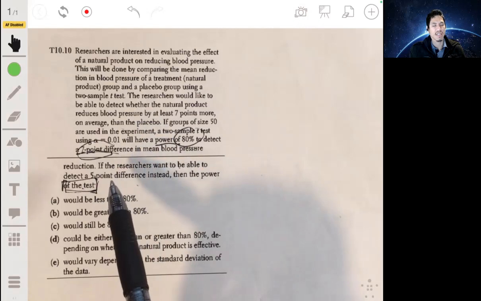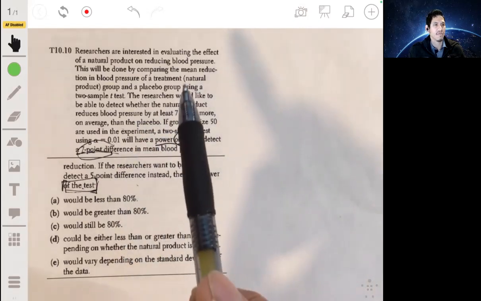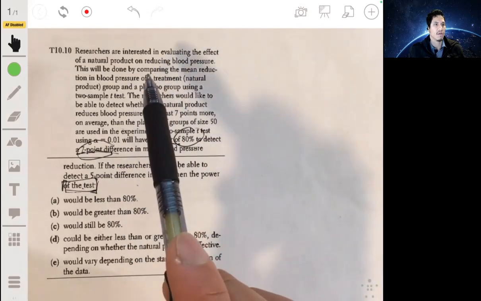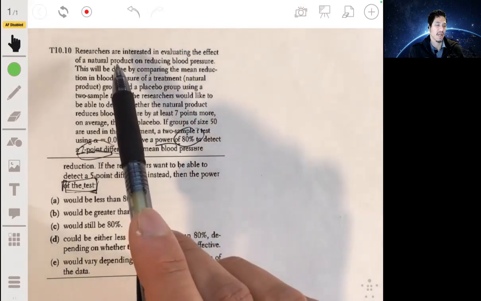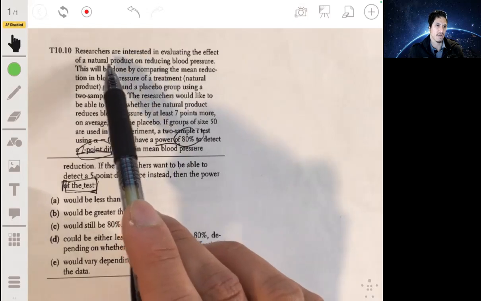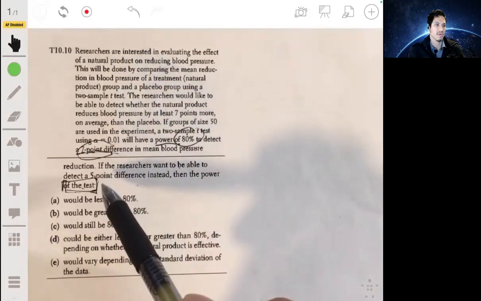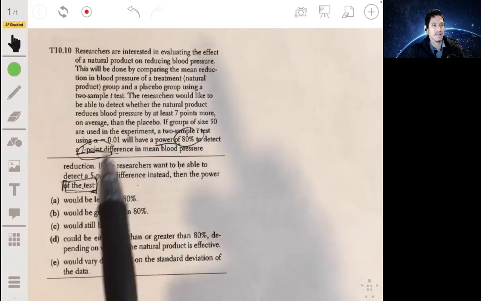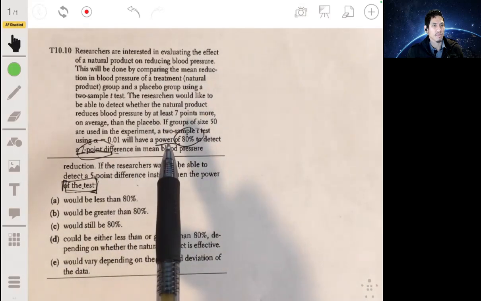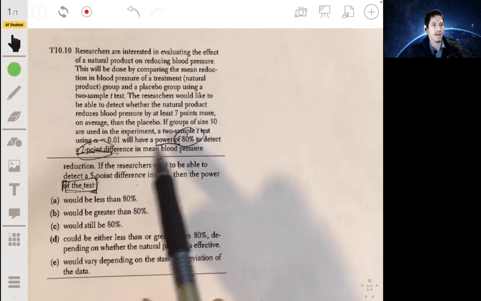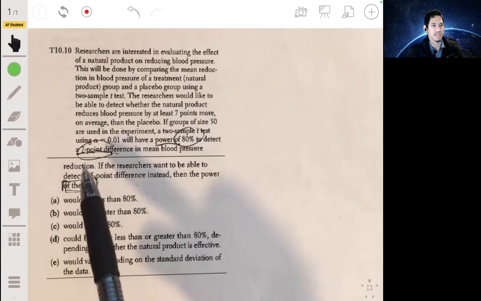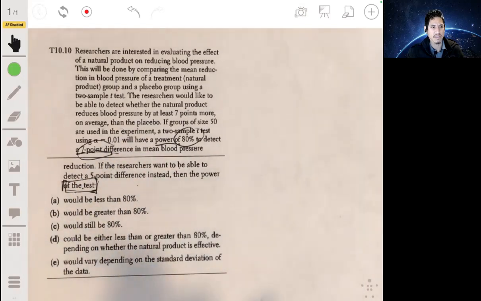But if they want to detect that this natural product reduces it by just 5, the power will go down. It's harder to detect a smaller difference than a larger difference.